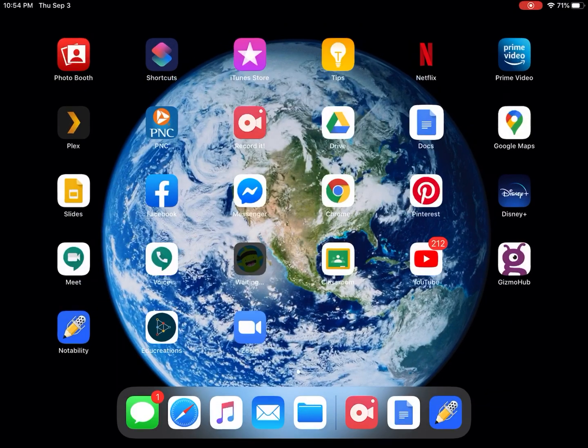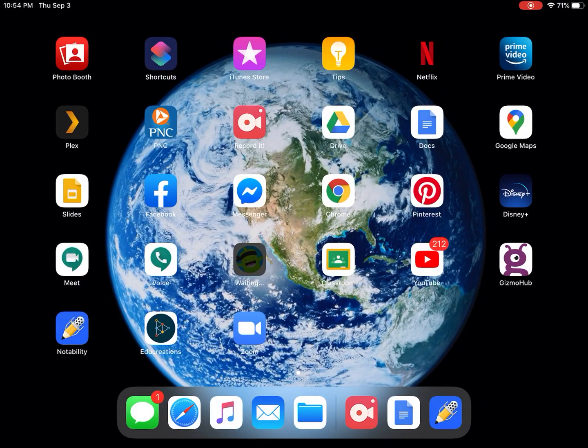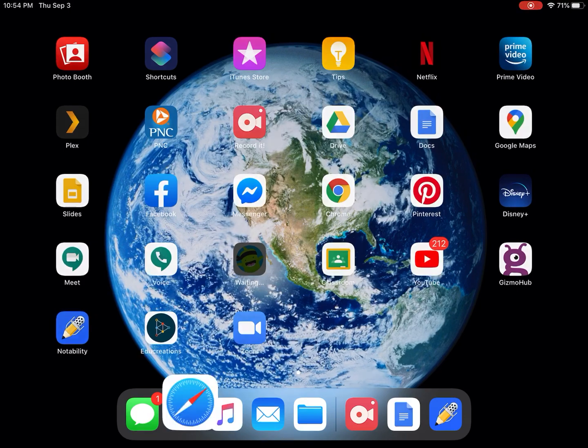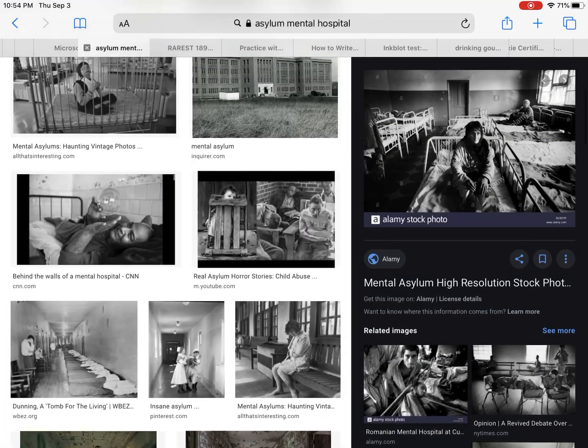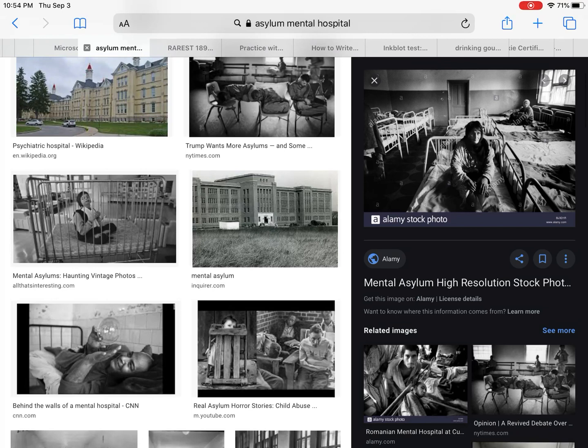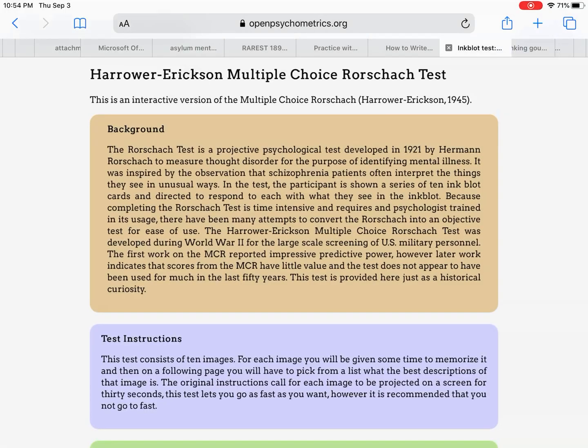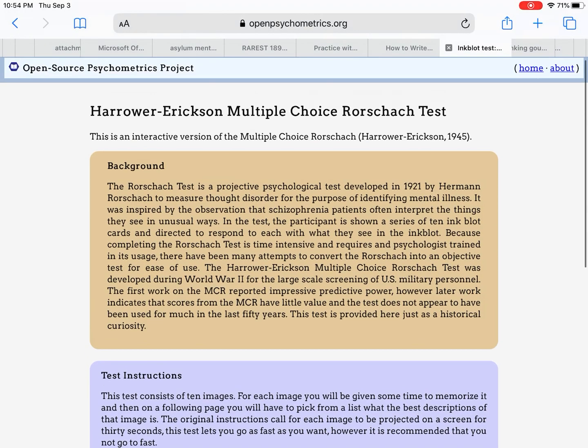Now, let me tell you about an extra credit bonus opportunity. If you're not making up late work or extra work from this week, you can go to, where is it? Inkblot test. This right here.